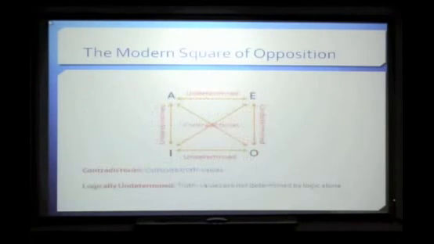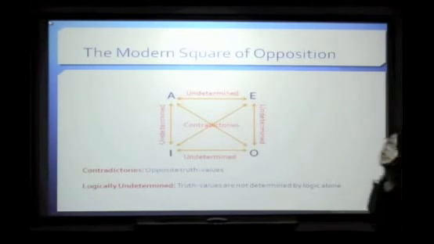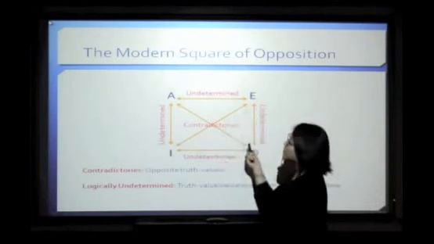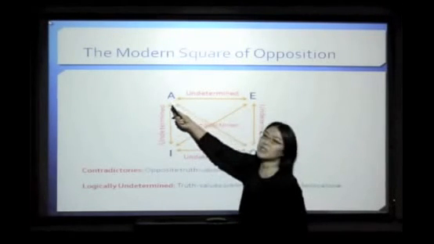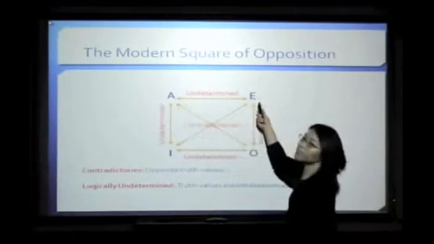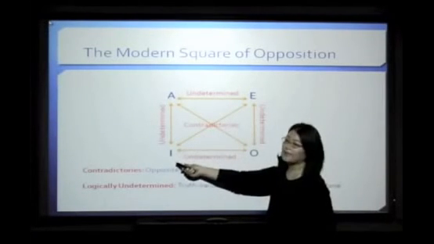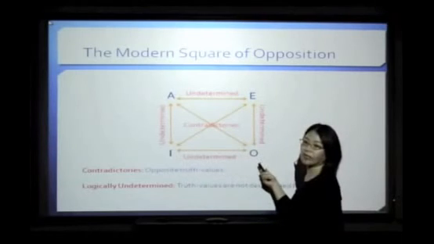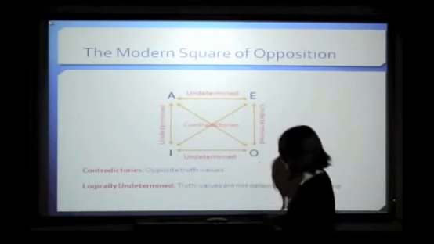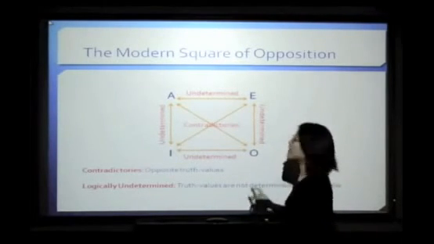So here we have the modern square of opposition. Notice that we have the A-type statement here in the corner, the E-type statement here in the right corner, the I-type statement here in the bottom left, and the O-type statement here in the bottom right. Now these represent types of statements.